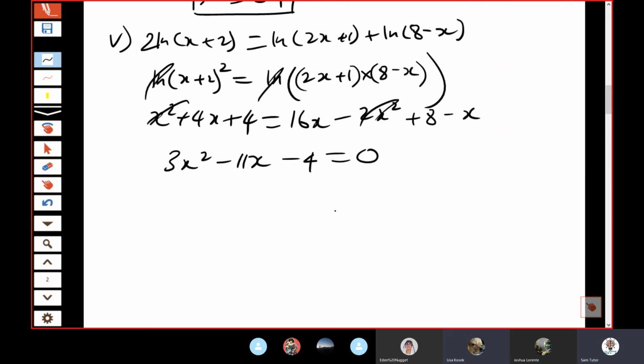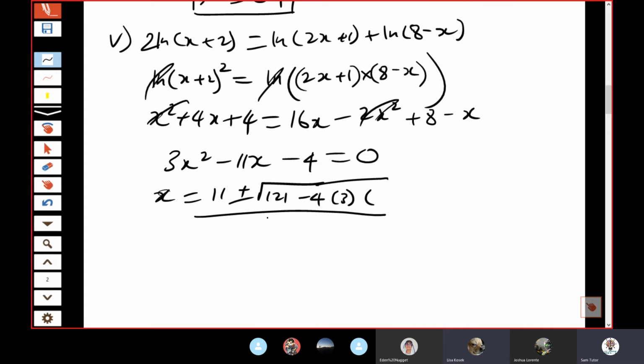And what would you do at this stage? Factorize or quadratic formula? Quadratic formula. Yeah, I think so. I can probably see it, but I think it's just a safer option to jump straight into quadratic. 11 plus minus square root b squared minus 4 times a times what?